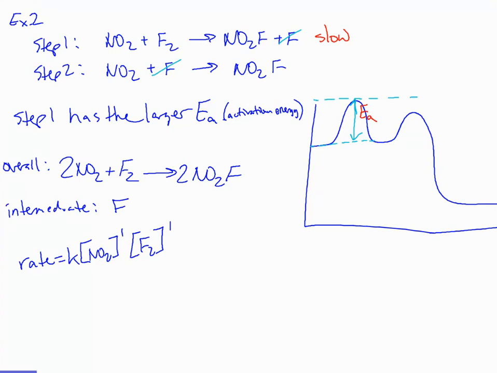So you don't need the F. And that is operating on the premise that step 2 was the slow step. Really, about that, you would probably say that fluorine is 0 order.